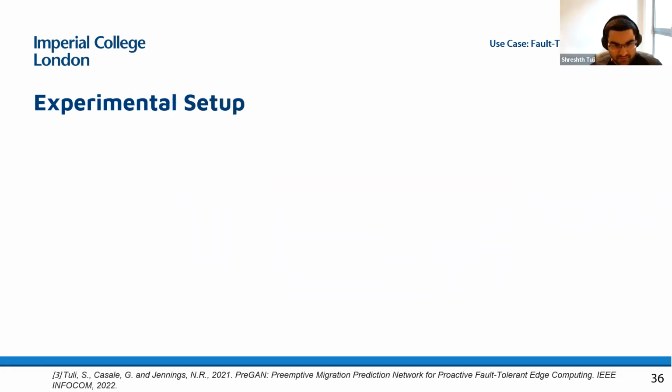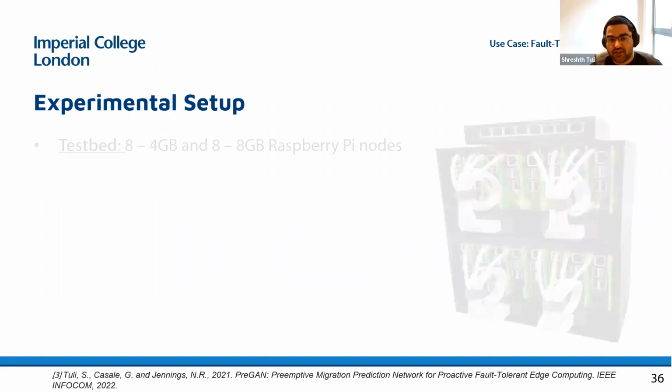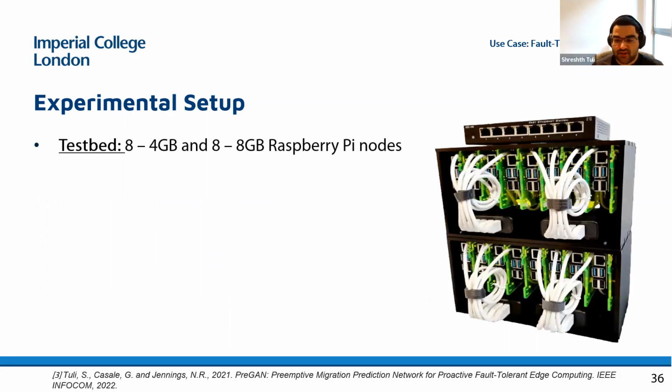And to test this, we run experiments on a cluster of 16 heterogeneous Raspberry Pi edge devices. And for our workloads, again, we consider the DeFog benchmarking suite, which includes these edge AI type applications.